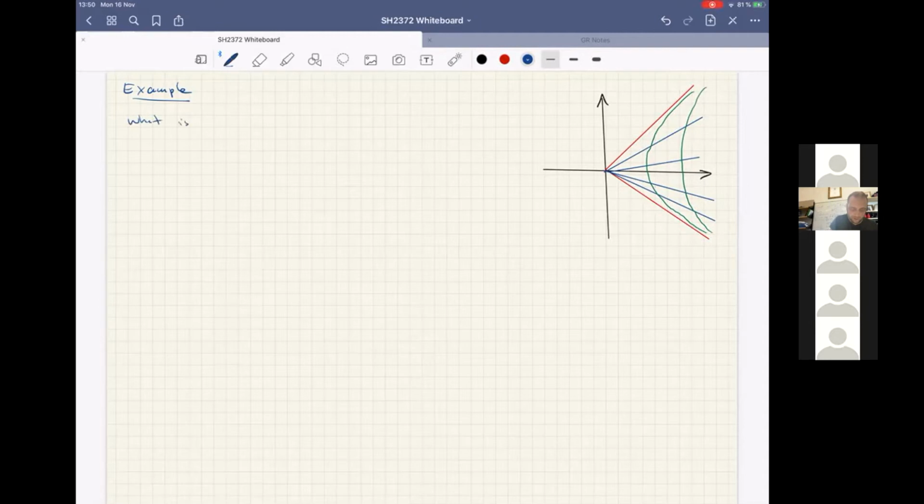So we can ask ourselves, what is the 4 acceleration and proper acceleration of an observer with fixed x coordinates.